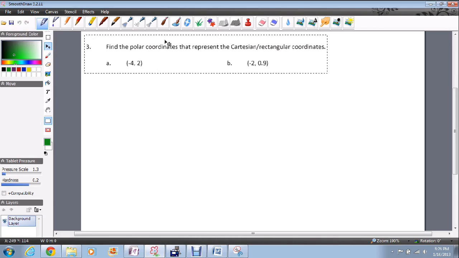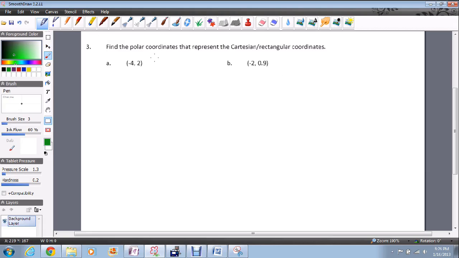Okay. So once again, switching gears, because that's kind of what the final does. It summarizes a little bit of everything we've done. Number 3 says to find the polar coordinates. So this was actually on our very last exam. Find the polar coordinates that represent the Cartesian or rectangular coordinates for these 2 points here. So it says just find one pair of coordinates.